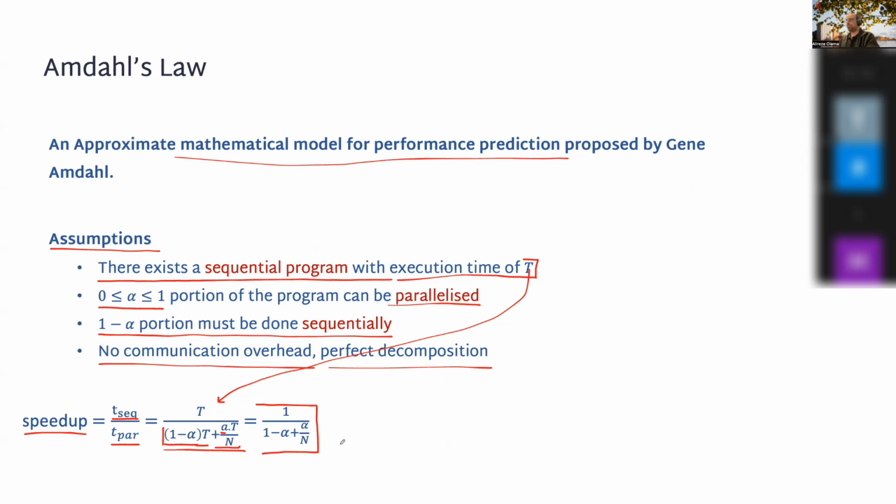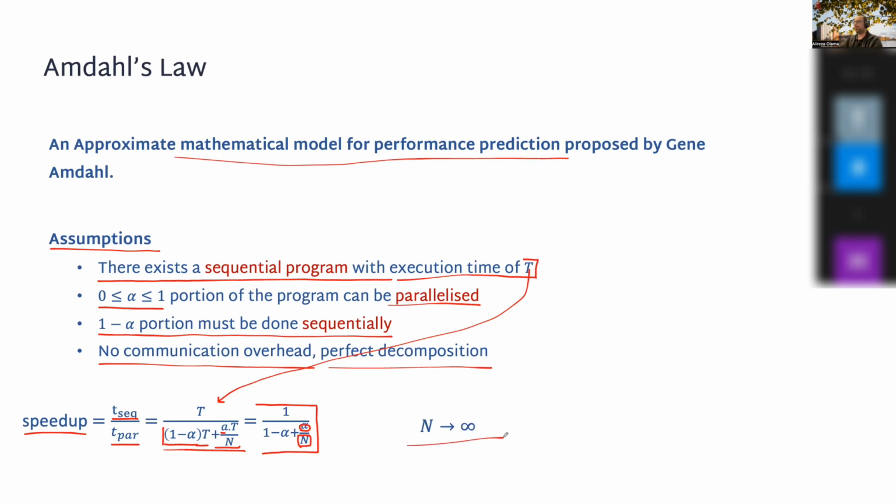This equation is quite important in parallel computing because it tells us the speedup is related to the number of cores and to the portion of your program that can be done in parallel. Only these two parameters. But to know the maximum speedup, we just need to take the limit of this capital N going to infinity.